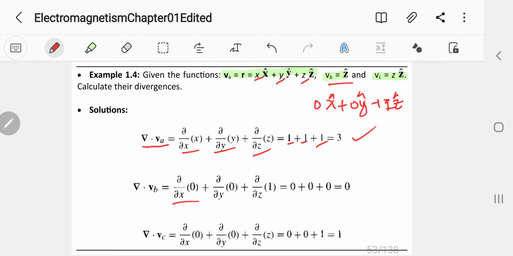So the derivative of 0 is 0, derivative of 0 with respect to y is 0, derivative of 1 with respect to z is 0, because they are all constant, so 0. And for this one you have z hat, so you have here 0, 0, and this one is just equal to 1, so you have 1.